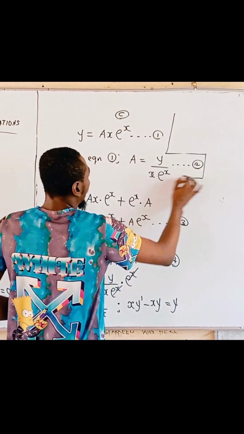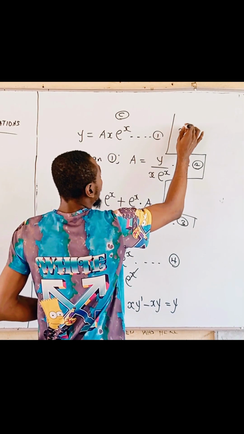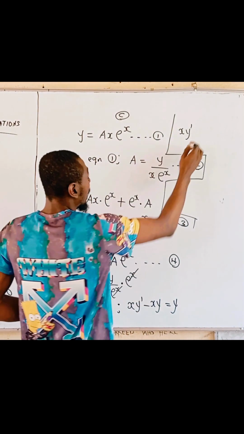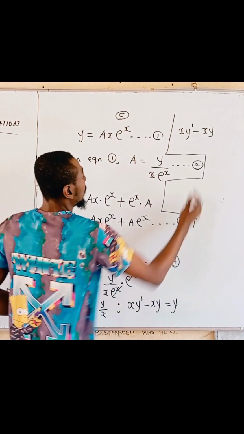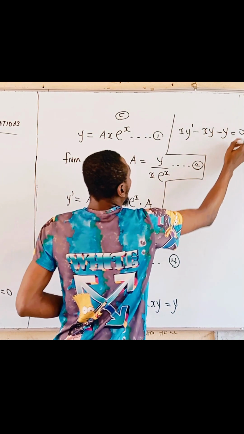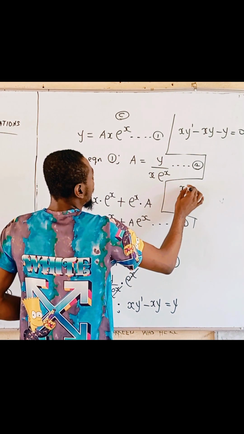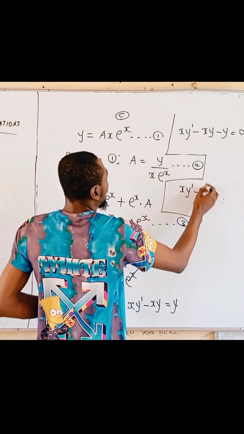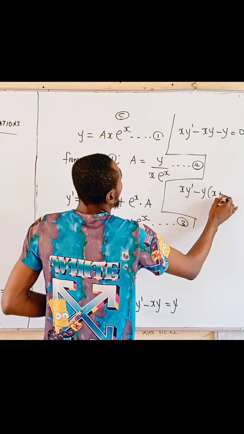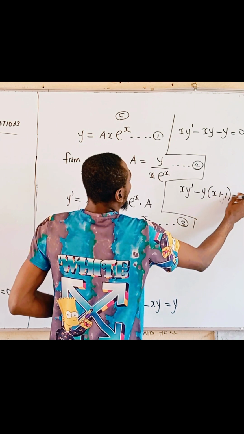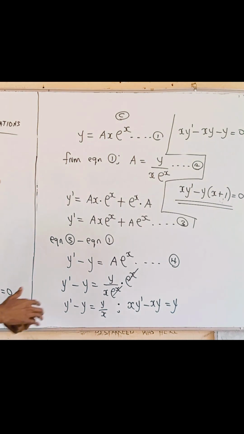So to simplify this further, we're going to have xy prime minus xy, y crossing to this side is minus y, equal to 0, so that we can factor y out. We have xy prime minus y is common. We have y into x plus 1 equal to 0, and that is the differential equation.